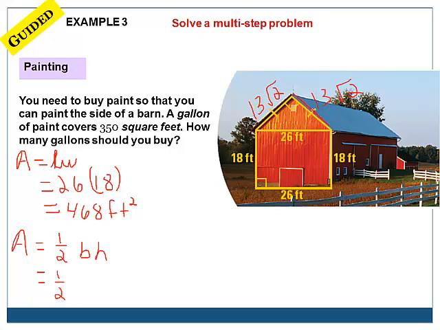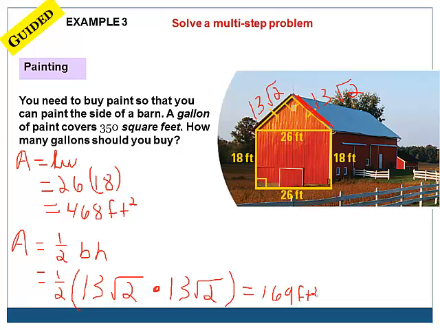And so if that was our base, we're going to say we have 13 square root of 2, and we're going to multiply that by the side that creates a right angle with our base. And so in this case, our height is also going to be 13 square root of 2, because it is the side that creates a right angle with our base. After we multiply all that out, this will give us 169 feet squared.